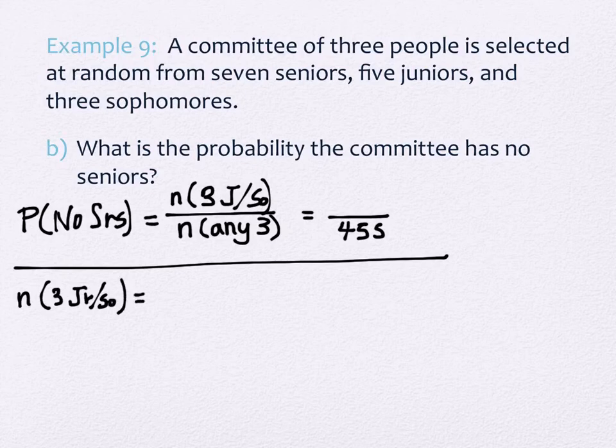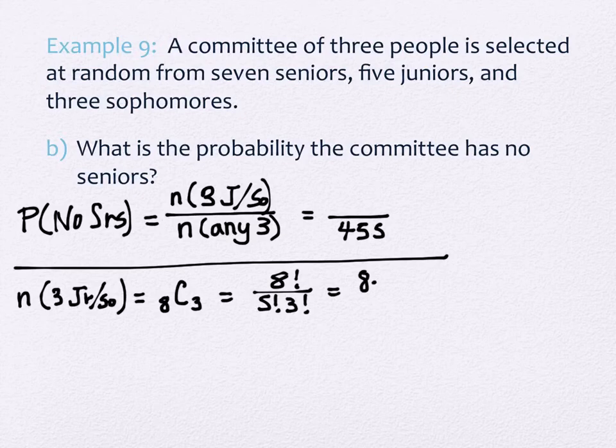All right, so how many juniors and sophomores are there? There are 8. How many am I selecting? 3. It's still a combination. So I have 8 factorial on top over what? 5 factorial, 3 factorial. Very good. So this is 8 times 7 times 6 times 5 factorial.